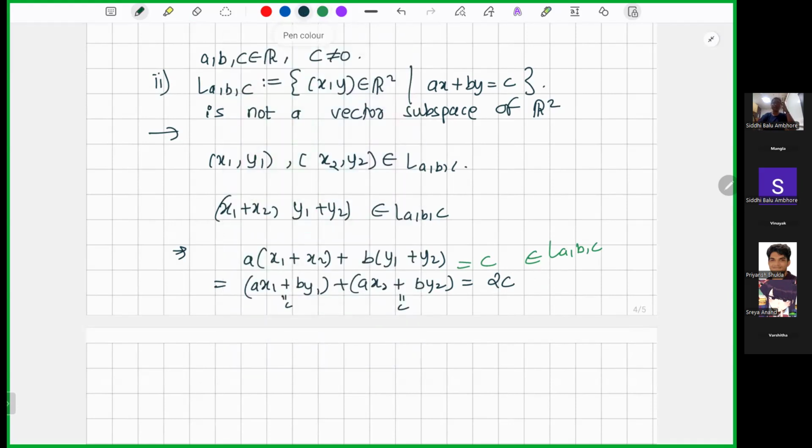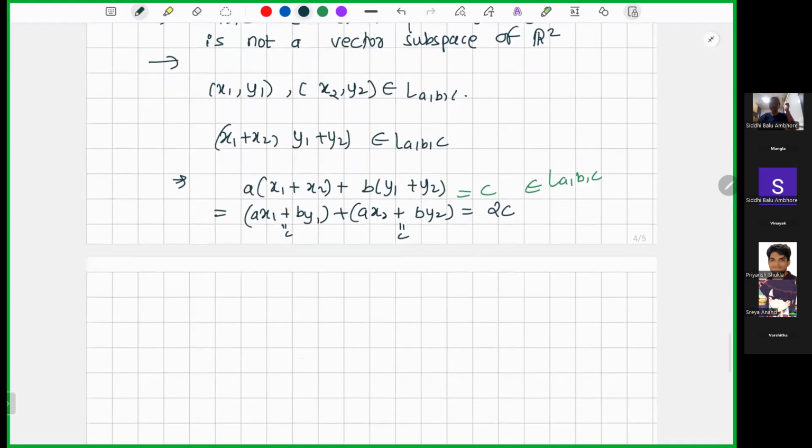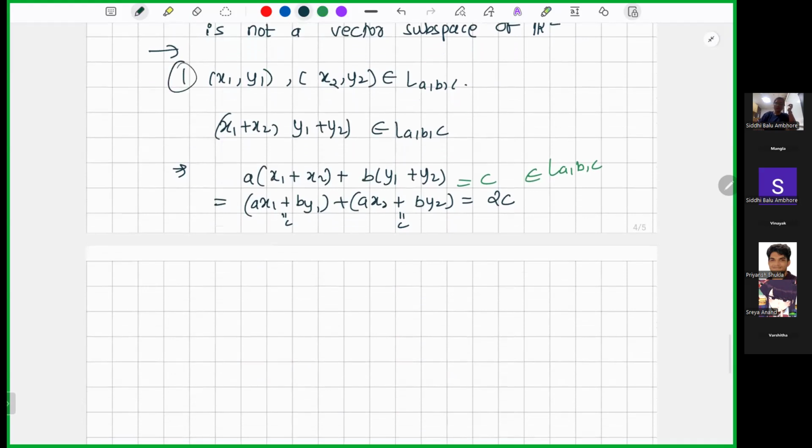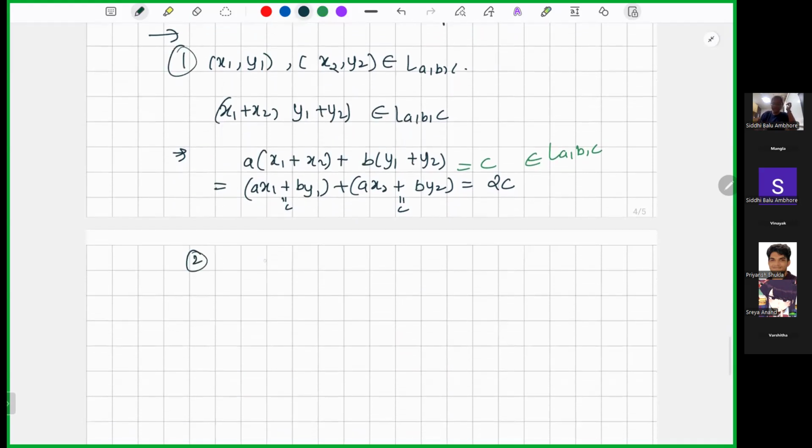And even if you do not want to go to this, you can simply check whether 0, 0 belongs to this LABC or not, which is the basic requirement. I mean, we need to have 0 in the vector space.